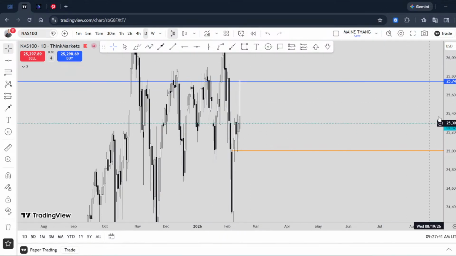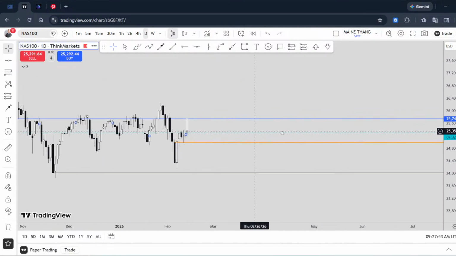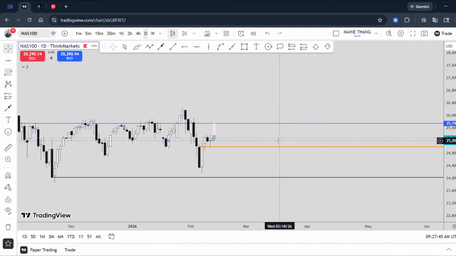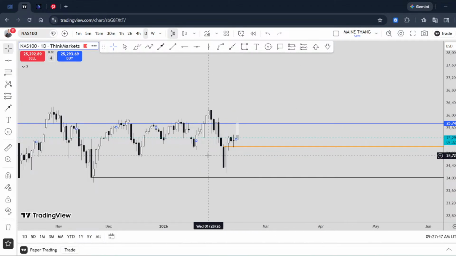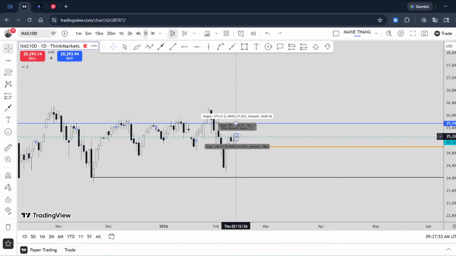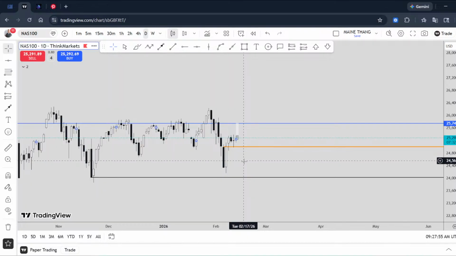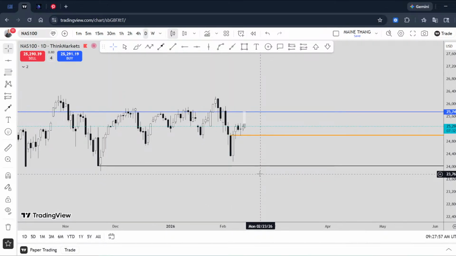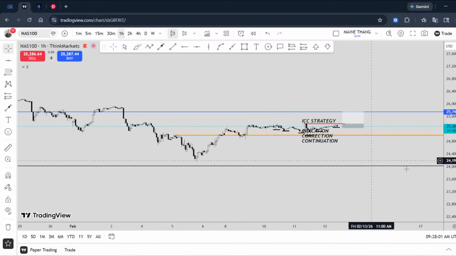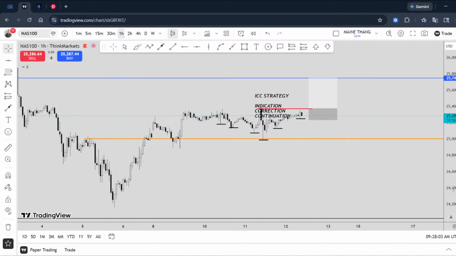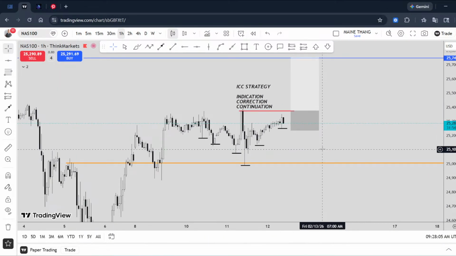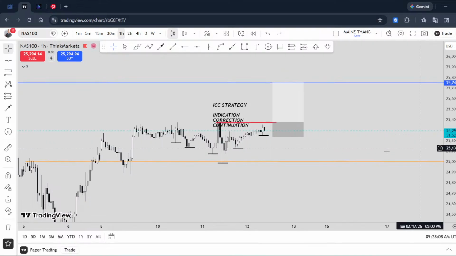On the daily, yep, that could be sure enough. That's as high as I'm going. It broke below on the daily. This could be the retracement correction, and this could be continuation down. So don't be stuck on one bias. Just follow price action.